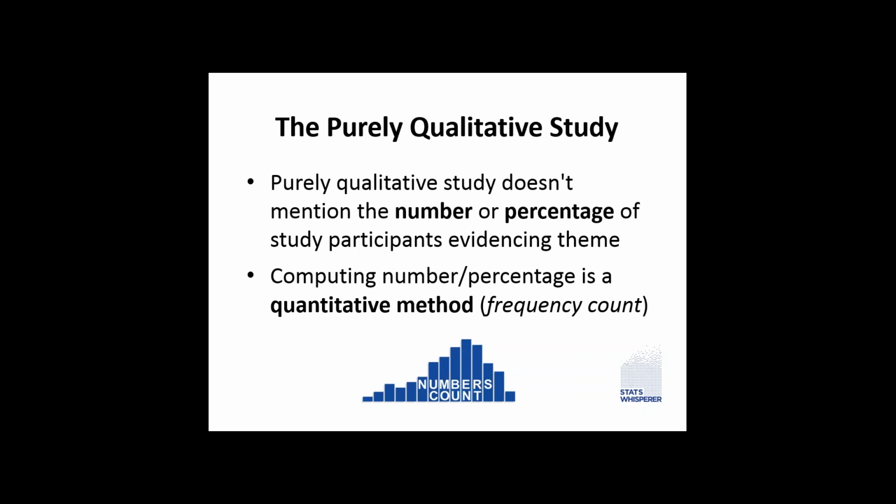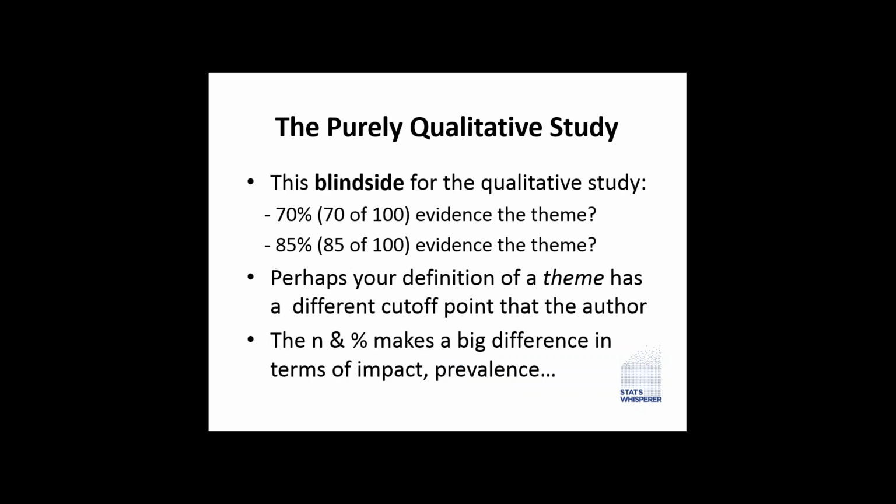But we don't know the numbers and percentage of people out of 100 that said it, because that's going into the quantitative area. So the blind side of the qualitative study might be that very thing. So was it 70% of people, like 70 out of 100, who mentioned that household bill worries contributed to their feeling depressed? Was it 85 out of 100 that evidenced this theme?